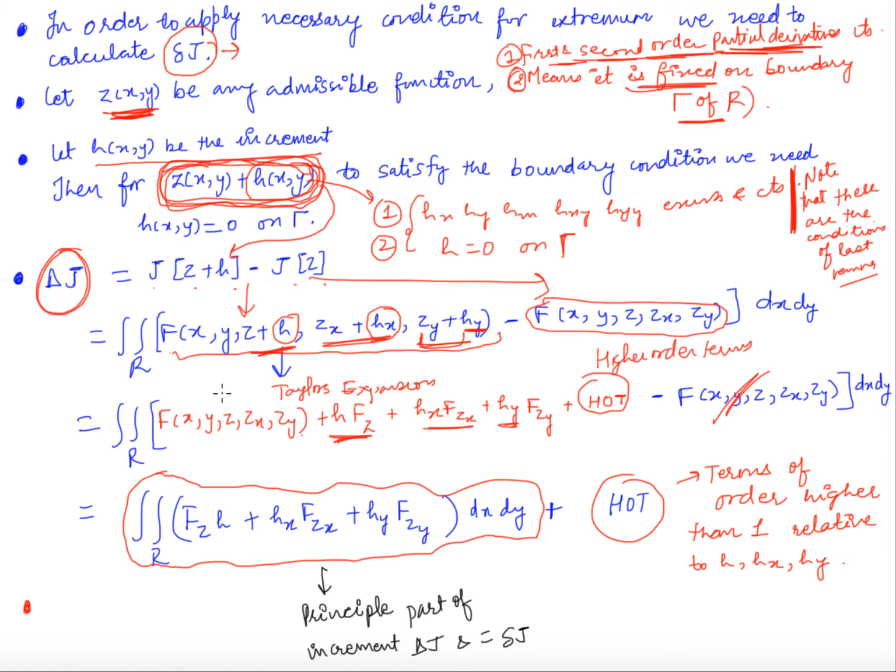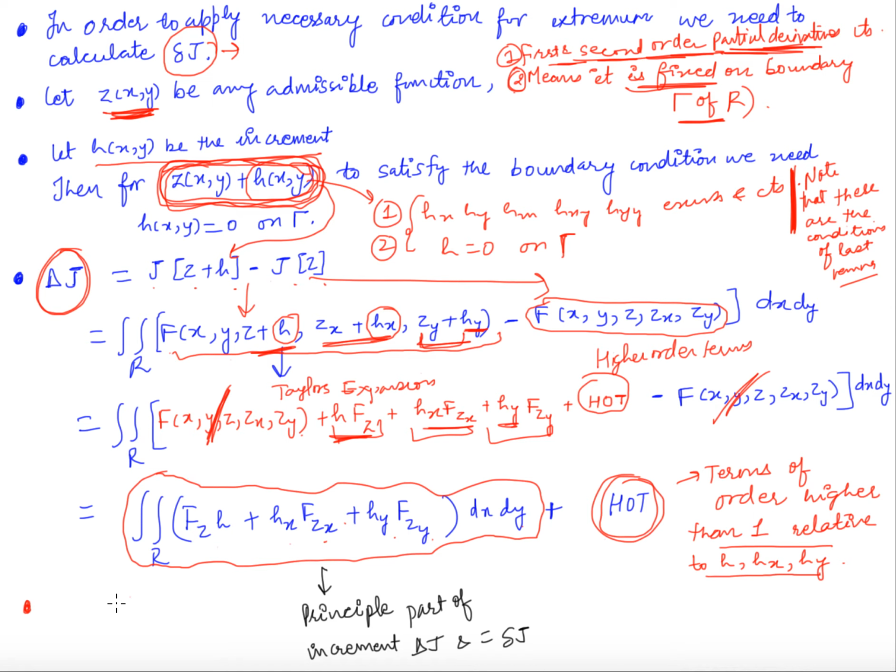This term and this term will cancel. You will be left with these three terms: f_z h plus h_x times f_zx plus h_y times f_zy, dx dy, plus higher order terms. These are the terms which have order greater than 1 relative to h, h_x, h_y.